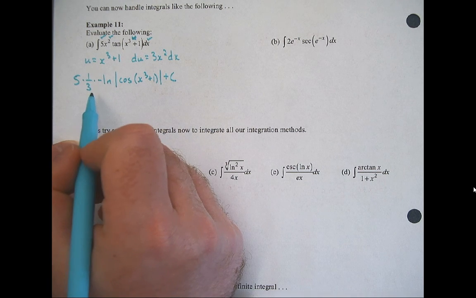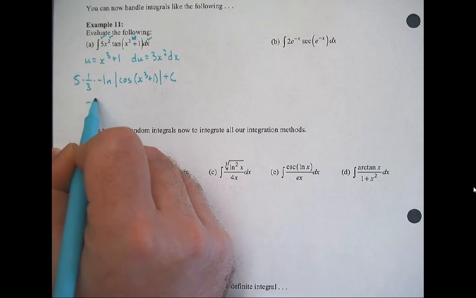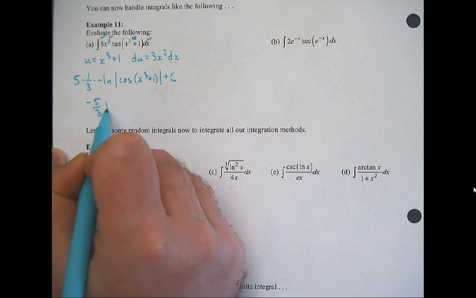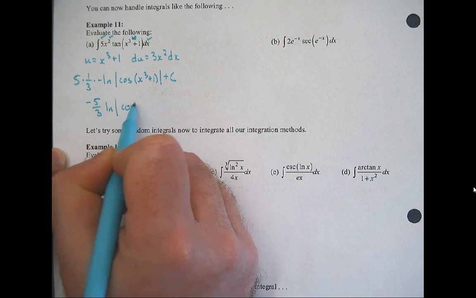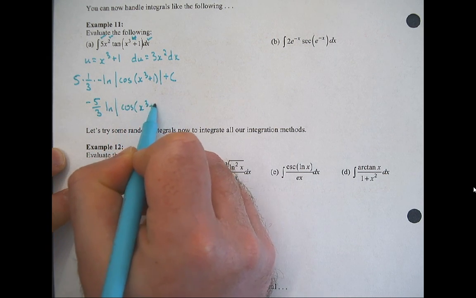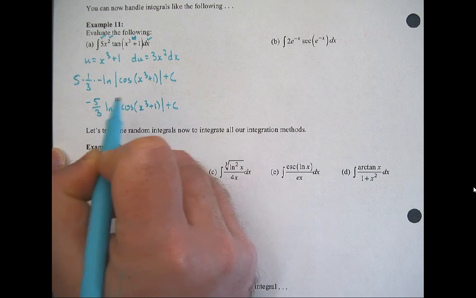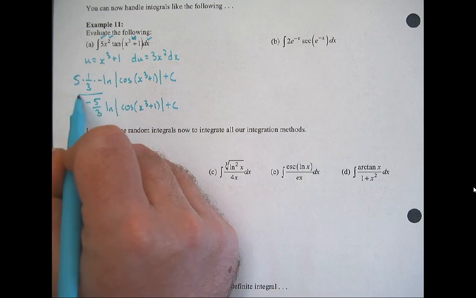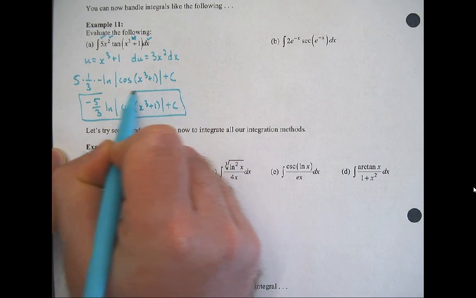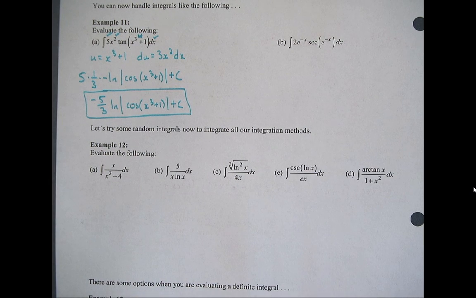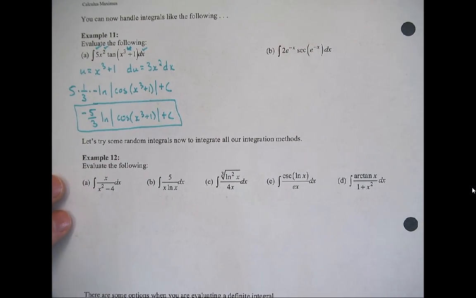So now I clean this up a little bit. Negative 5/3 natural log of absolute cosine of x cubed plus 1 plus c. And keep in mind there's the secant version of it too. On a multiple choice, they might bounce back and forth, so you have to know both of them. So let's see how you did on that one.